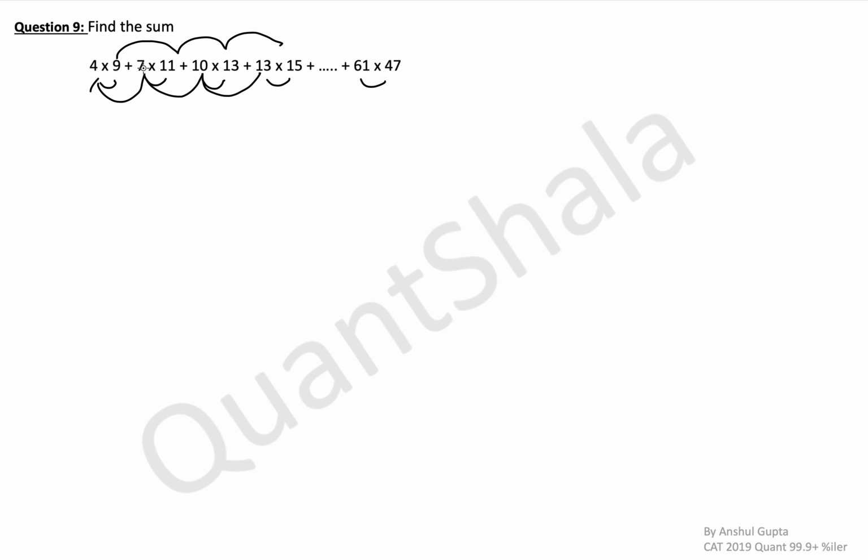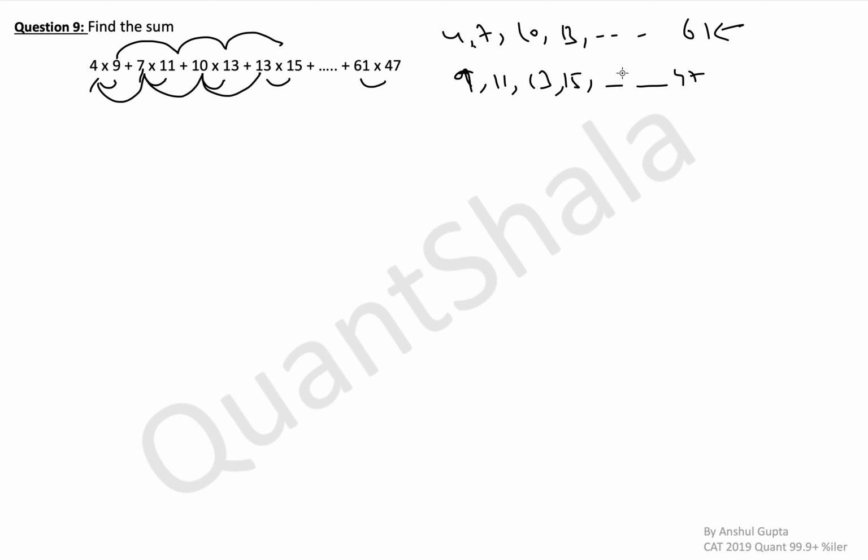Okay. So all the first terms are in an AP, all the second terms are in an AP. So first terms are 4, 7, 10, 13, dot dot dot, 61. Second terms are 9, 11, 13, 15 till 47. Okay. So second one is only odd integers, first one is a different AP. So what is the nth term for this one?